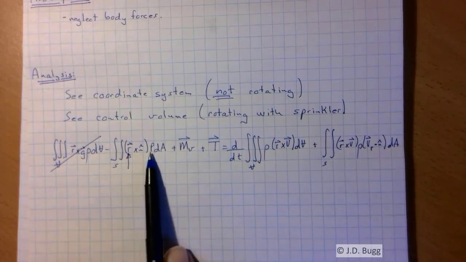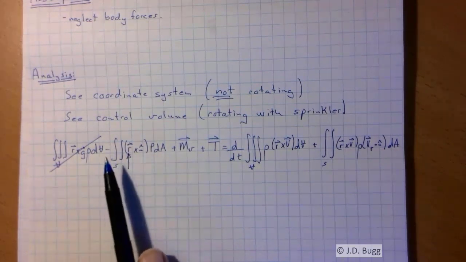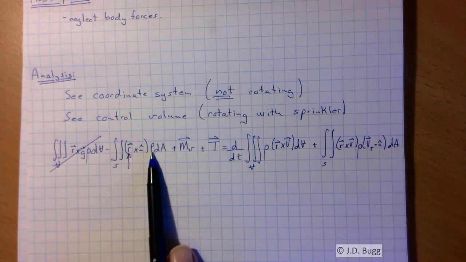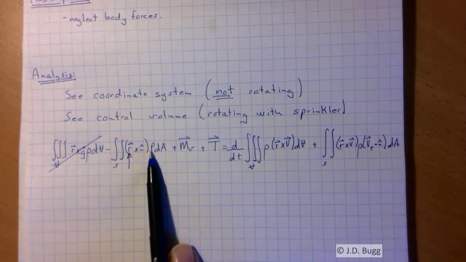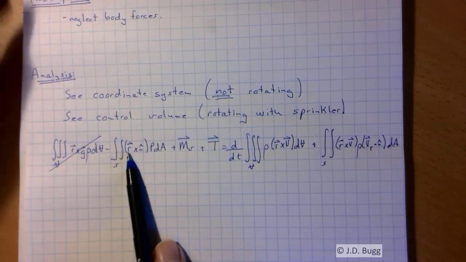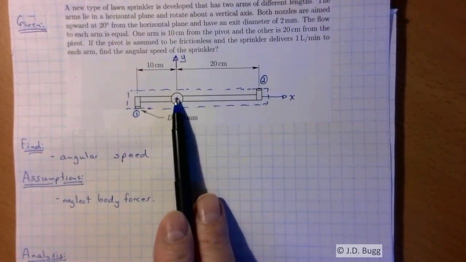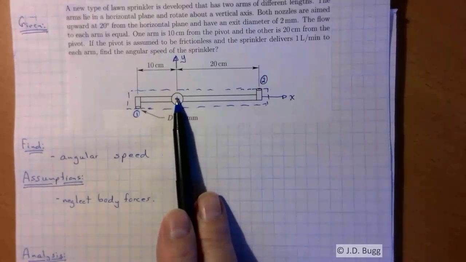So it's fairly clear that the pressure is 0 everywhere on the control surface except that inlet pipe. So this term is 0 everywhere on the control surface except the inlet pipe because the pressure is 0. But at the inlet pipe, where the pressure is greater than 0, this R is 0. So notice the position vector from the origin of our coordinate system to the inlet is 0 because our inlet is at the origin.